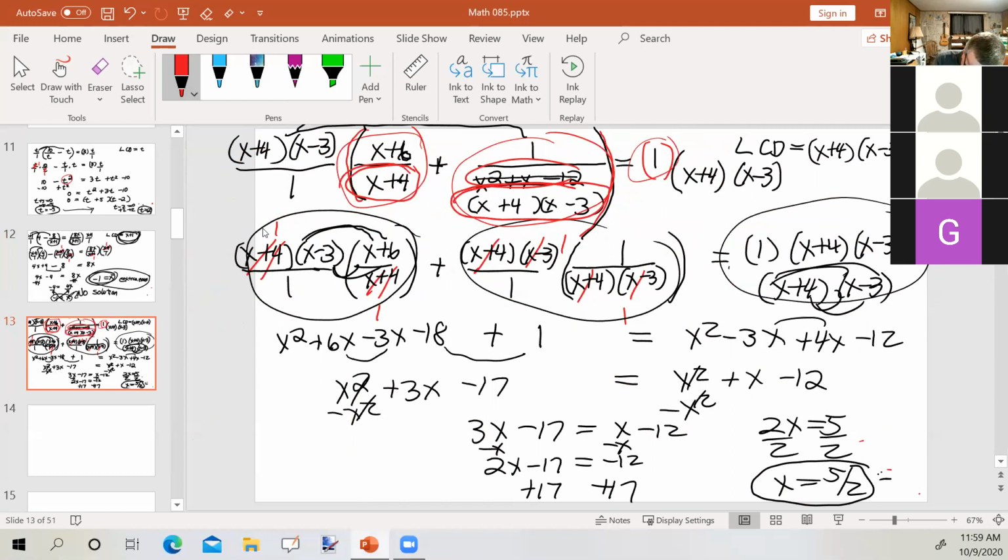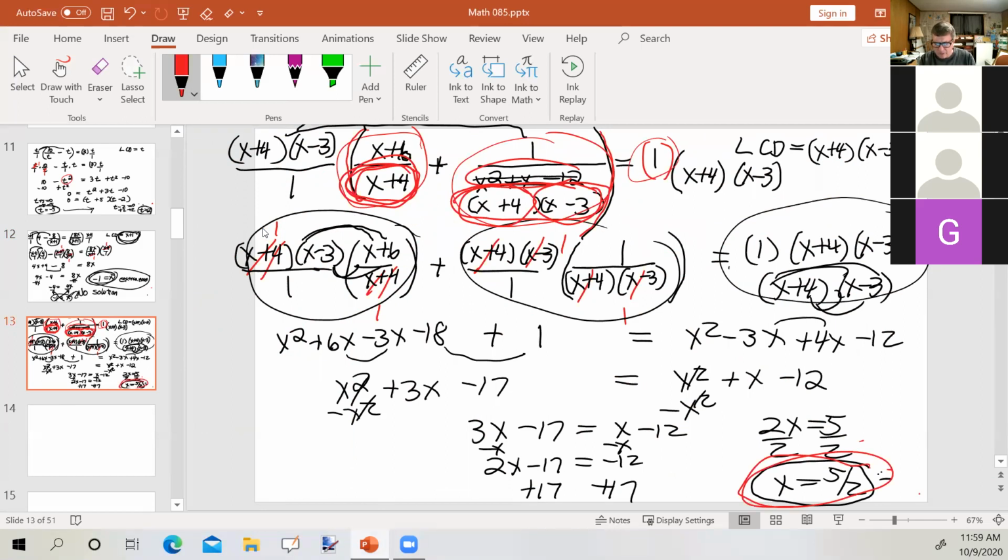Here, if x is -4, we're in trouble. X is not -4, we're fine. Here, if x is -4 or +3, the denominator would be 0. So we're fine. So this solution should not cause this thing to be undefined.